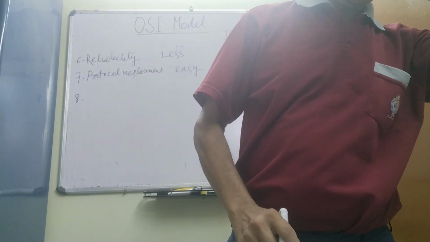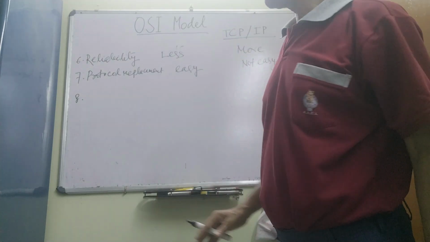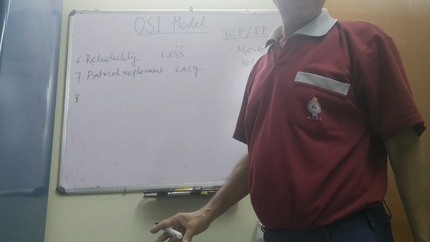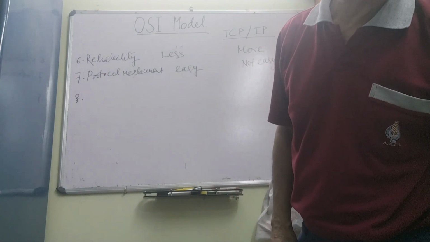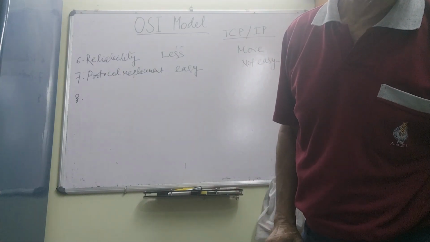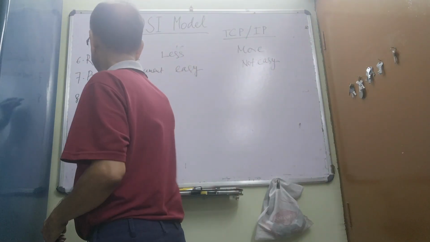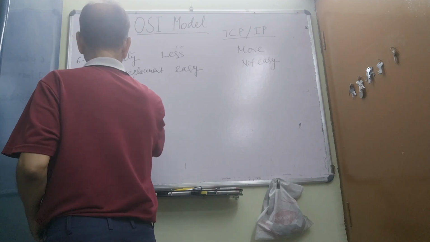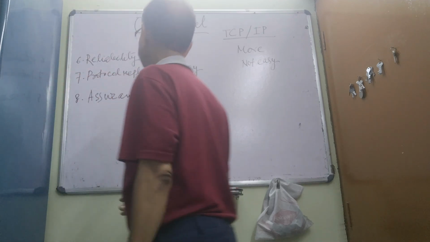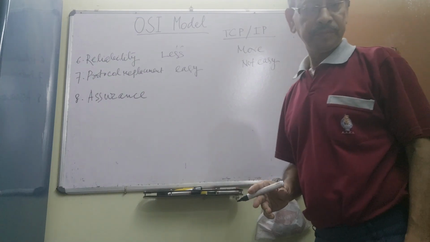Next point, already discussed: it is vertical and it is horizontal. And service type, connection, already discussed. Number 8 is assurance of data delivery or service delivery.